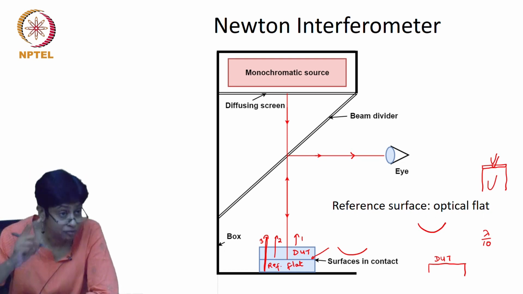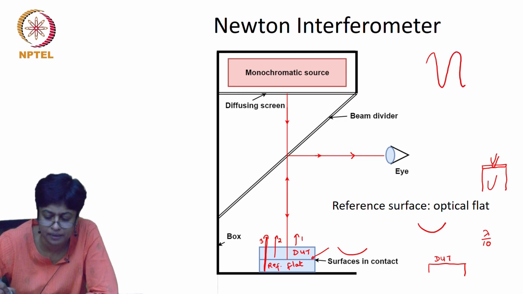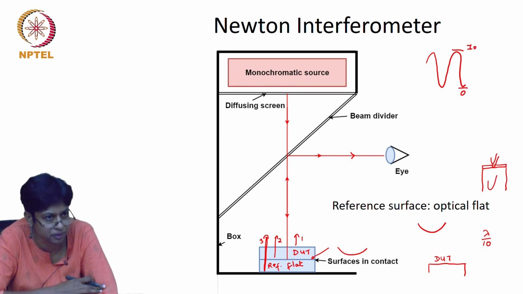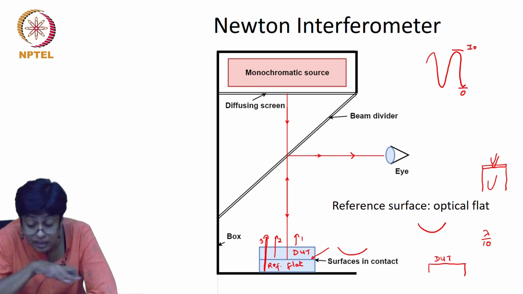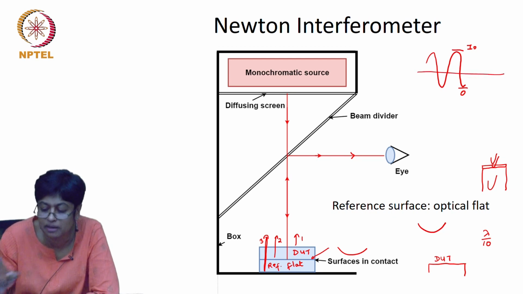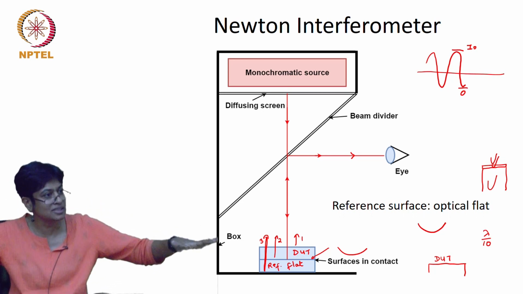Remember, if I have a good interference pattern, my visibility is going to be high. That means if the peak intensity here is some value I naught, this could even be 0 if I've got it perfect. But if I have another reflection, some other light coming in that is not playing a role in the interference, it's going to have some level here. It's like a DC light that exists everywhere.